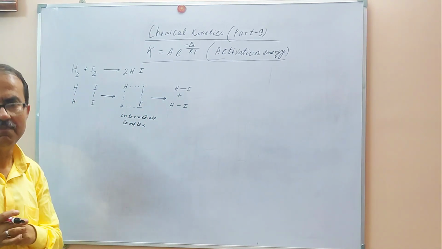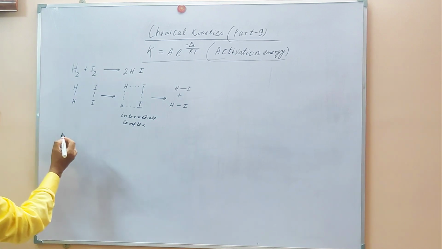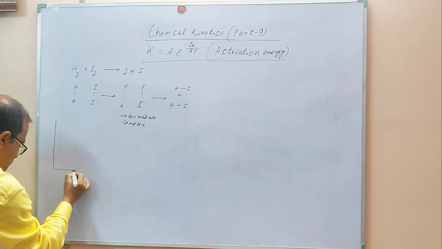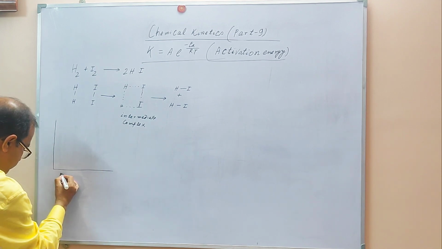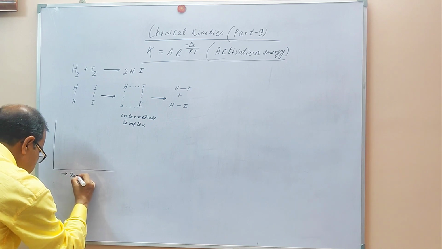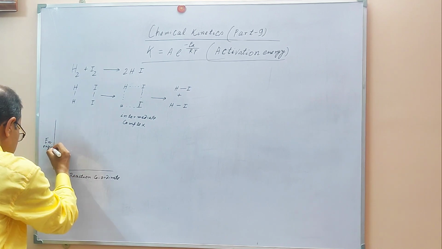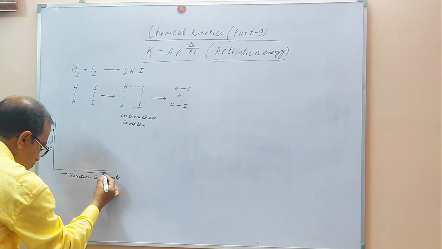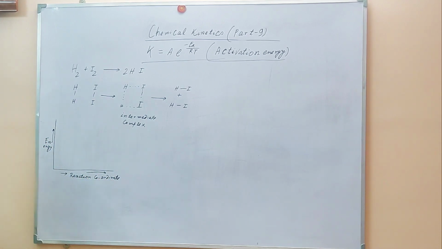And this intermediate complex, if you plot it in a graph, this is the energy and this is the reaction coordinate. Reaction coordinate basically tells you the energy profile of the reactant molecule and the product molecule.